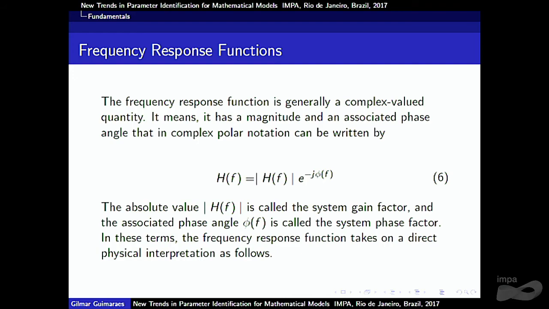In fact, if we have a complex number, we have to work with two variables. We have a modulus, the absolute value, that is called the gain factor of the system, and we have the associated phase angle that is called the phase factor of the system.